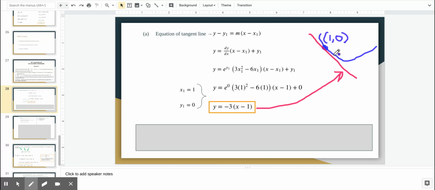All I know is the equation of this red line. I want to use this tangent line to approximate the output of this point on the blue curve, which is 1.2 comma question mark, right? Because I don't know what it actually is.